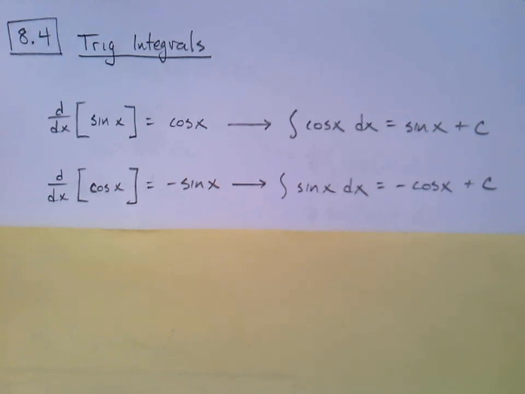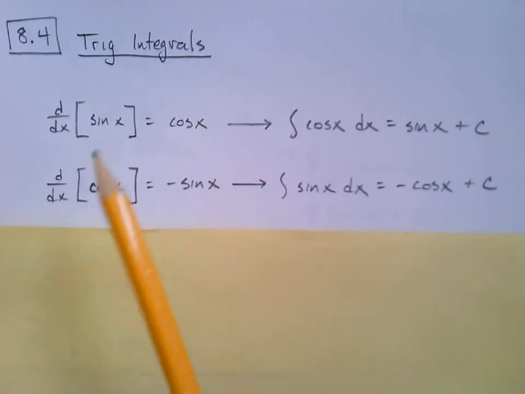Hey guys, we're here in the last section of Chapter 8, which is also the last section before the second test. It's 8.4 on trig integrals, and I've recapped here what we know from the last section, the derivatives of sine and cosine.